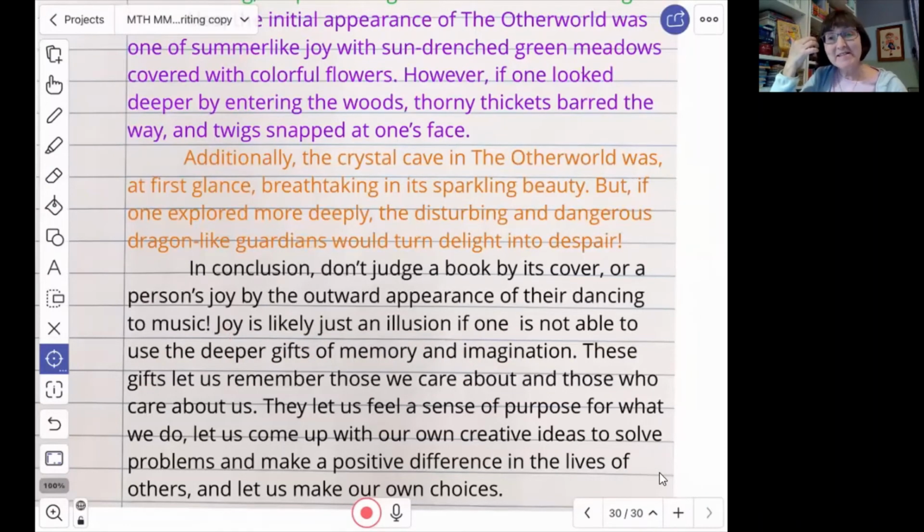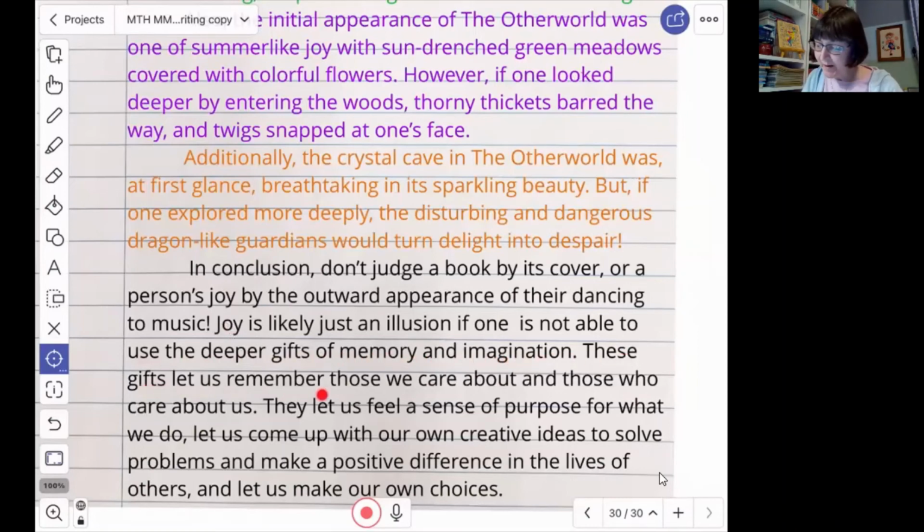Our mind is inside. And so you have to look in. It's not obvious, you can't see what someone's thinking, right? You can just see what's on their face. So the gifts of imagination and memory are in our mind. So those are a deeper gift, so that would be looking deeper. Use the deeper gifts of memory and imagination.